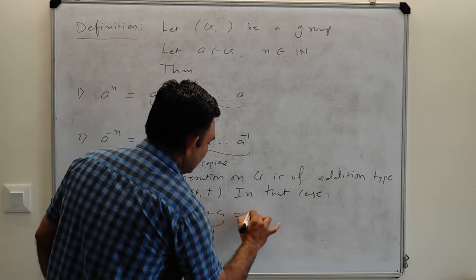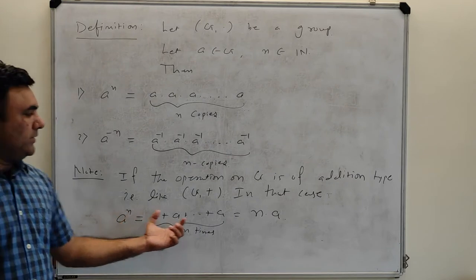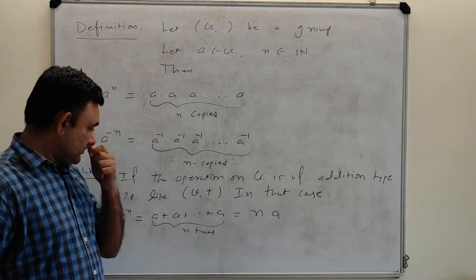So we will write it is na. So a raised to n means na when our group is of the form G plus.